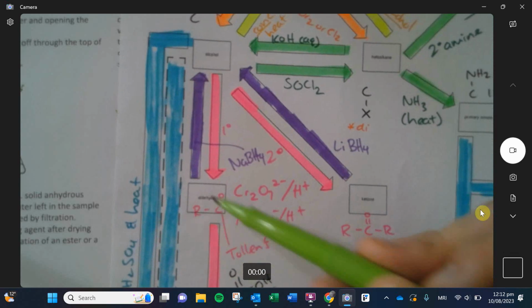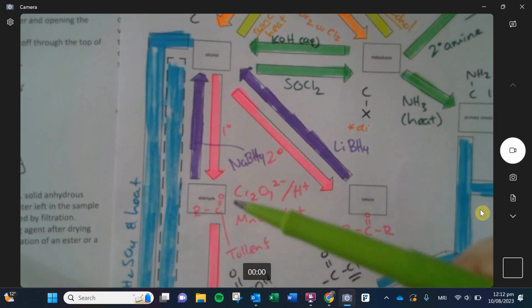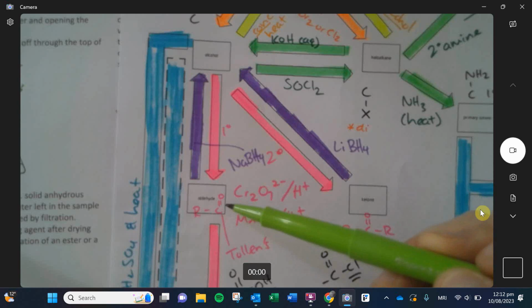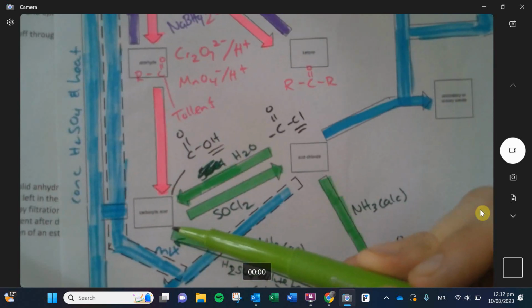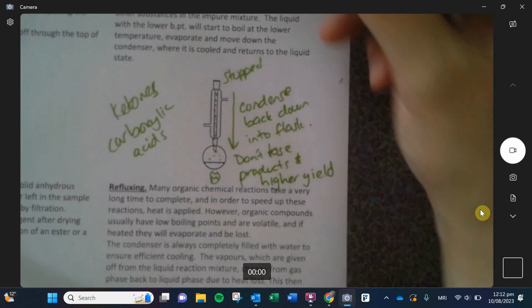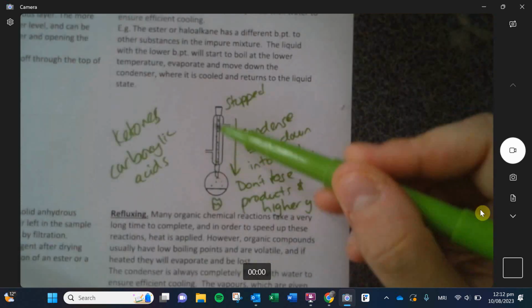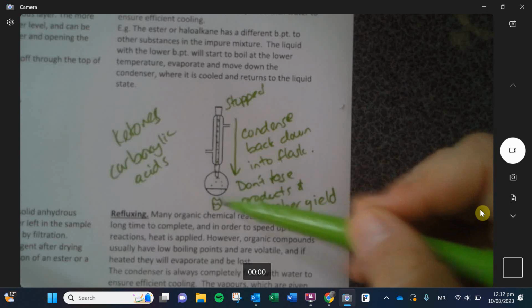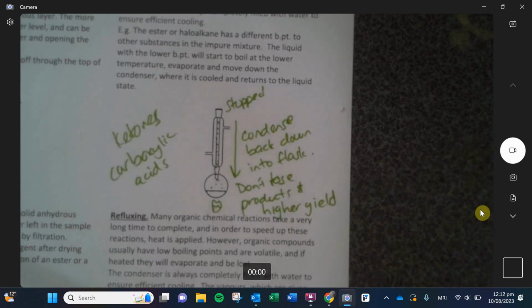If I wanted to remove the aldehyde, I use distillation. If I wanted to ensure the aldehyde reacts a second time to form the carboxylic acid, I use the reflux tube. So that way the aldehyde, instead of escaping away, comes back down into the reaction flask and reacts again. We also use it a lot for ketones. Again, just to ensure there's 100% reaction.